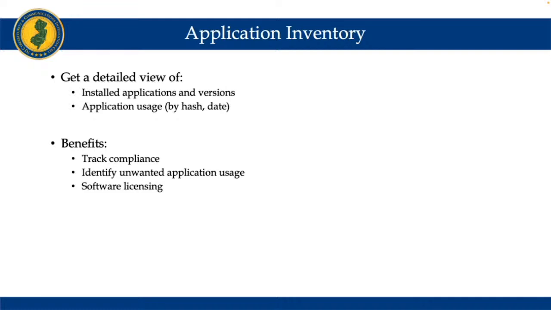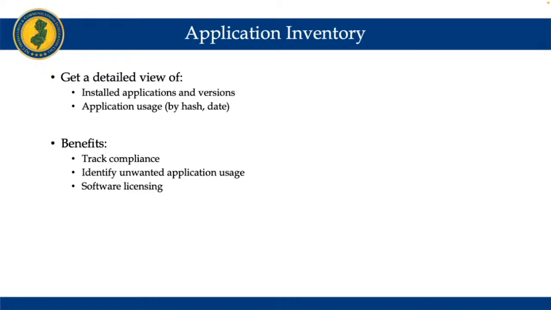We can also do application inventory as well. So we can get a detailed view of installed applications and versions, application usage. So we can check by hash, for example, or by date. And the benefits here include tracking compliance to make sure that users are using the right versions of applications, identifying unwanted application usage, right?